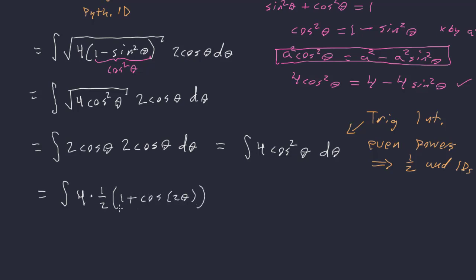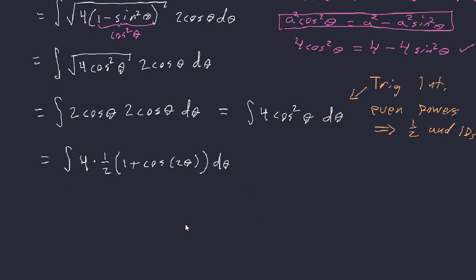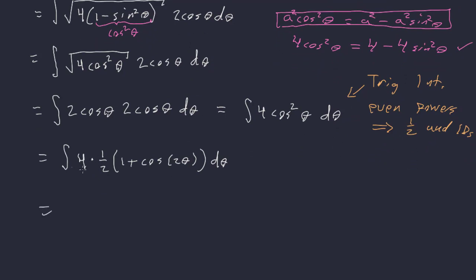Remember, the cosine squared goes to the plus d theta. And now this should be integrable and should be fine. Thankfully that 1/2 becomes 2 when we're multiplying the 4 by it. And actually I'm going to just go ahead and move that outside as 2 times the integral of 1 plus cosine of 2 theta d theta.